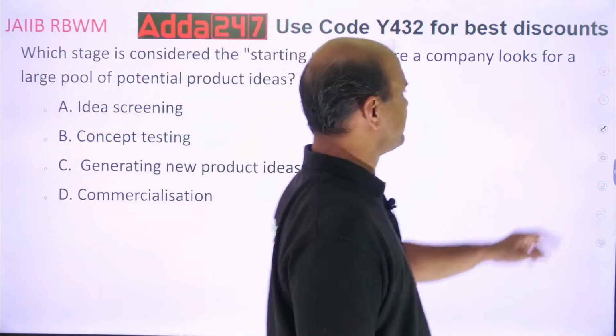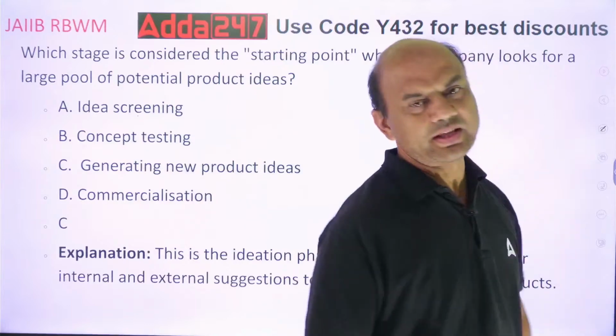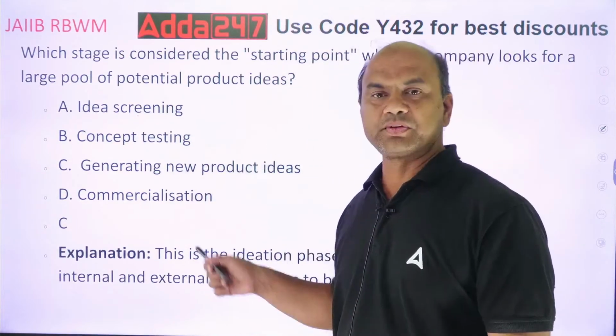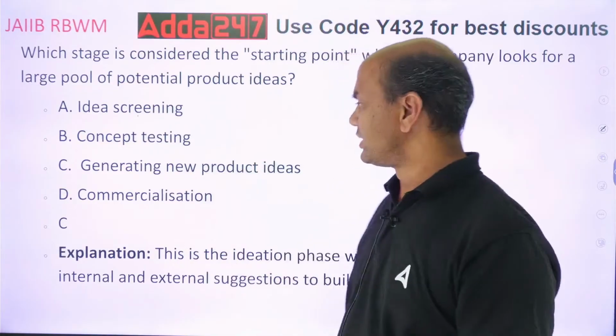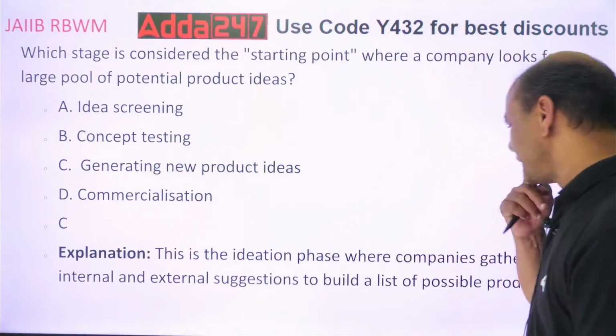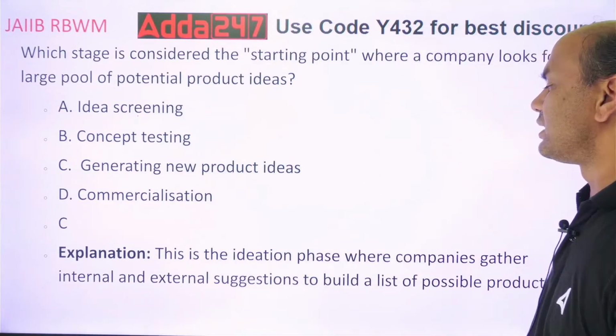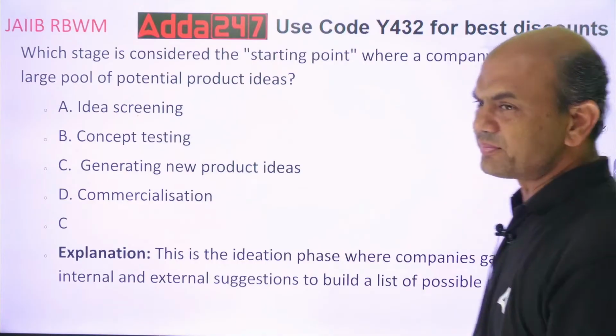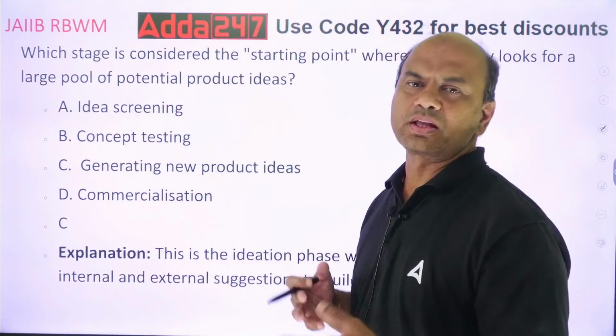generating new product ideas. See, first, if you don't have ideas, what will you screen? This is the ideation phase where companies gather internal and external suggestions to build a list of possible products. Ideation means what all can we do.